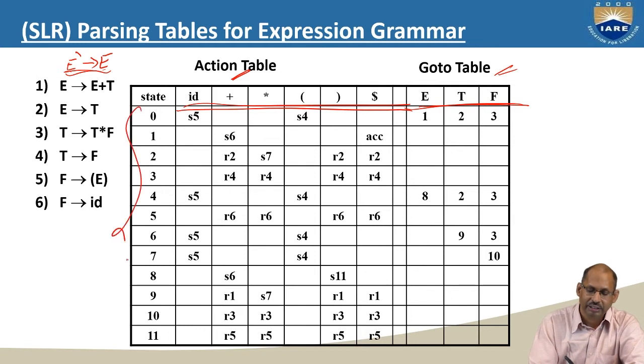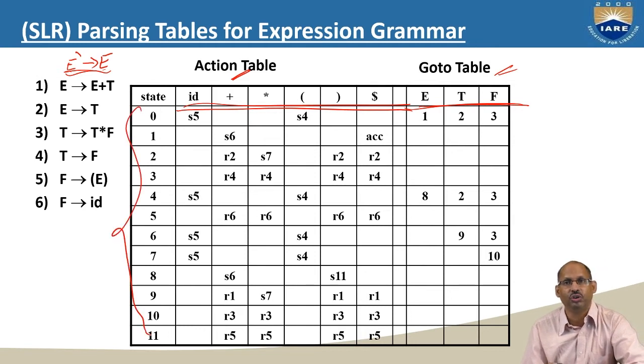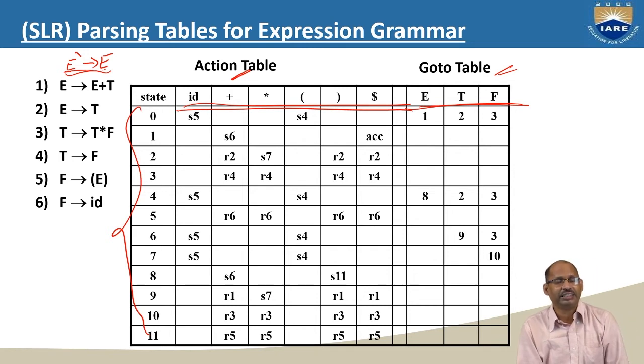And these are the states 0 to 11. Now we are discussing how to use this parsing table to perform the parsing of the input.